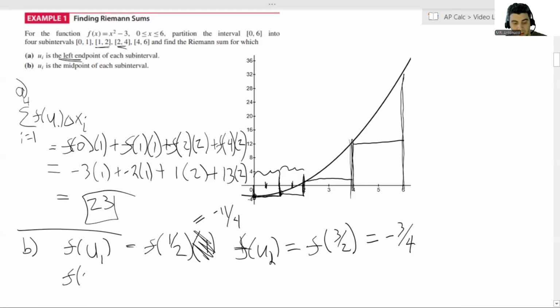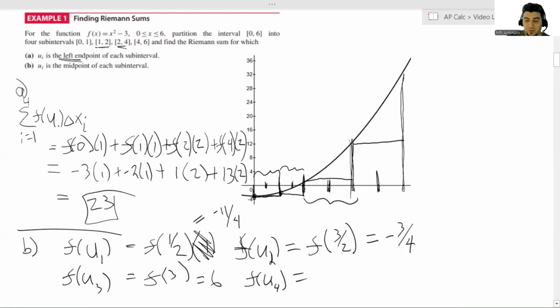And then the third subinterval goes from 2 to 4, and the midpoint is actually just at 3. So f of 3 is going to give us 6, and then the fourth value is going to be the midpoint of the fourth interval, which goes from 4 to 6. So the midpoint is just at 5. So that gives us 22.